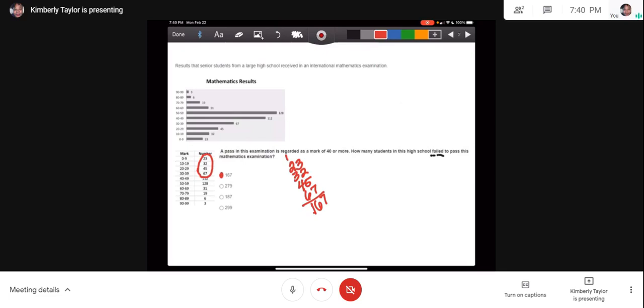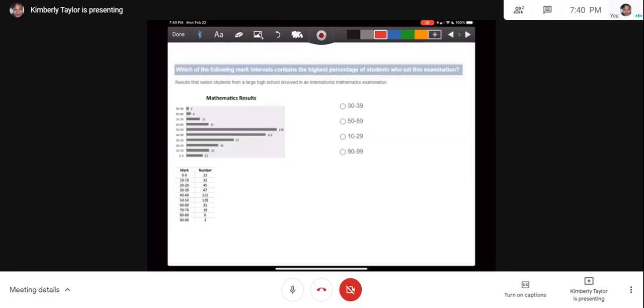All right, so let's keep going. Same picture. This question says, which of the following marked intervals contains the highest percentage of students who sat this examination? So looking at the number of students who took the exam, either at the table or at the actual graph, you see that the highest number of students is 128.